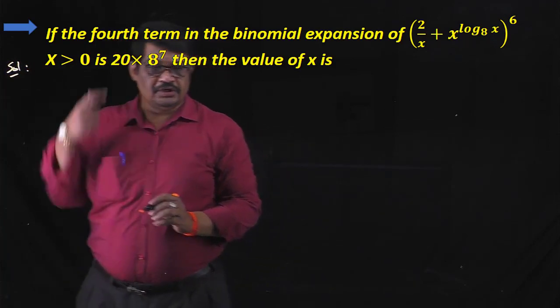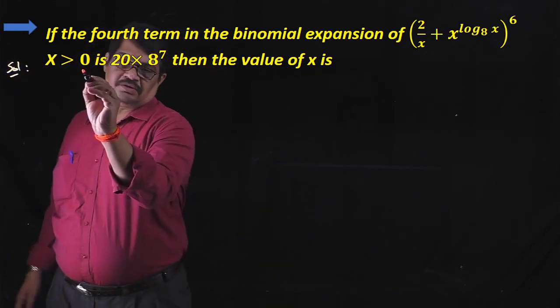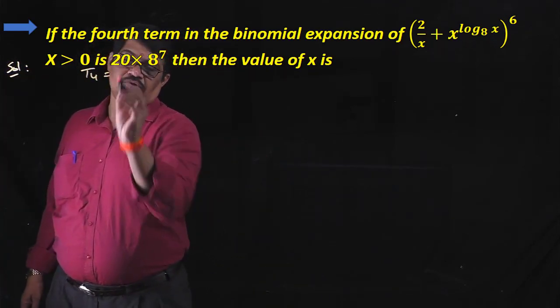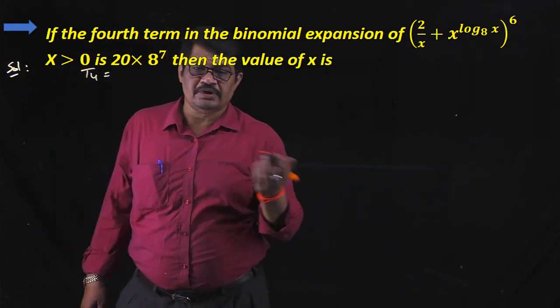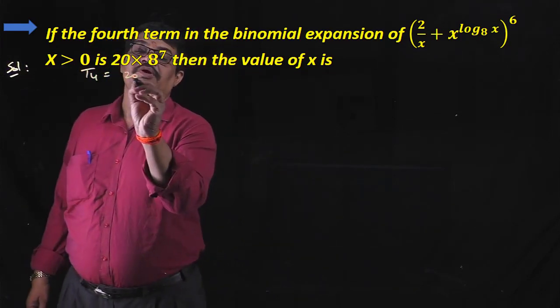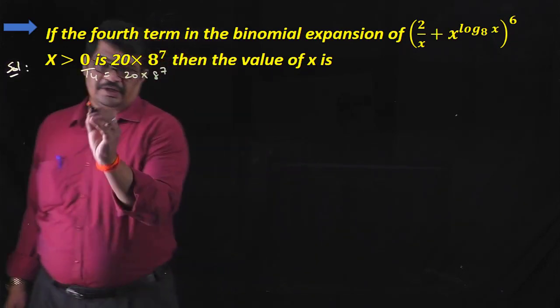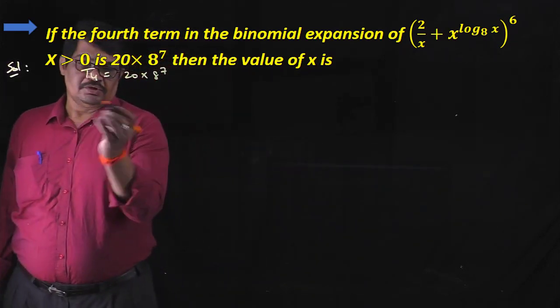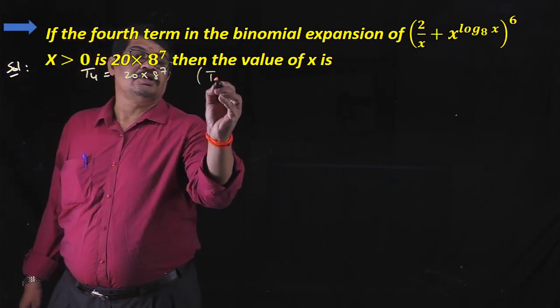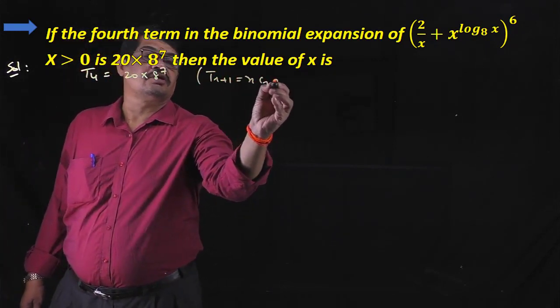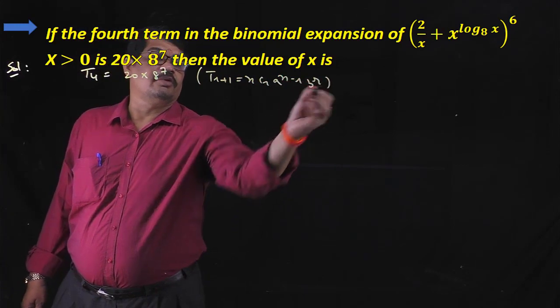Here in this expansion, the fourth term is given. The fourth term in the expansion is 20 into 8 to the power of 7. Now we are writing T4. What is T4? Using the formula, T(r+1) is nCr a power n minus r, b power r.